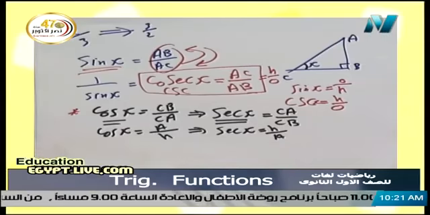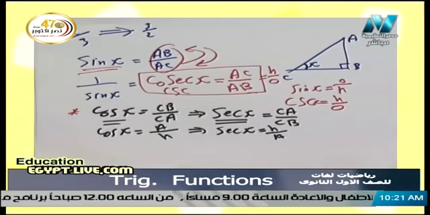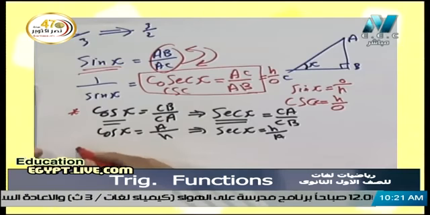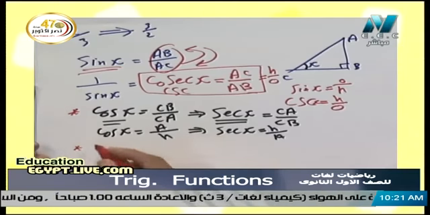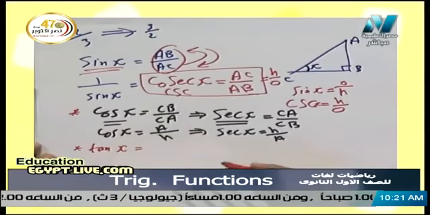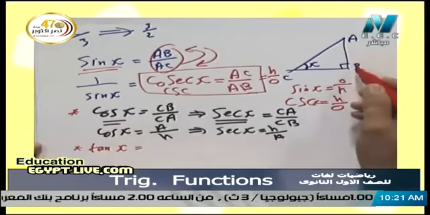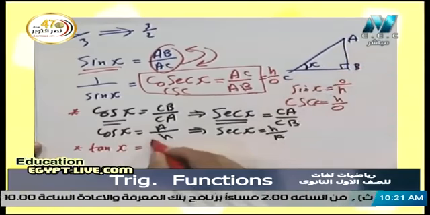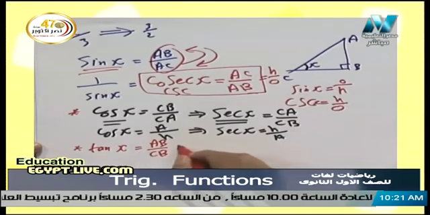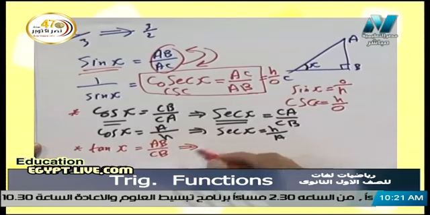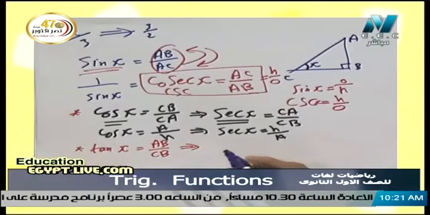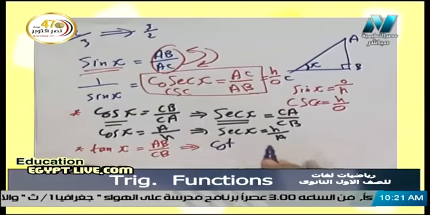What is the reciprocal of tan? Tan x here is the opposite over adjacent, so it's AB over CB. The reciprocal of tan x we call cotan, but we also write it COT.